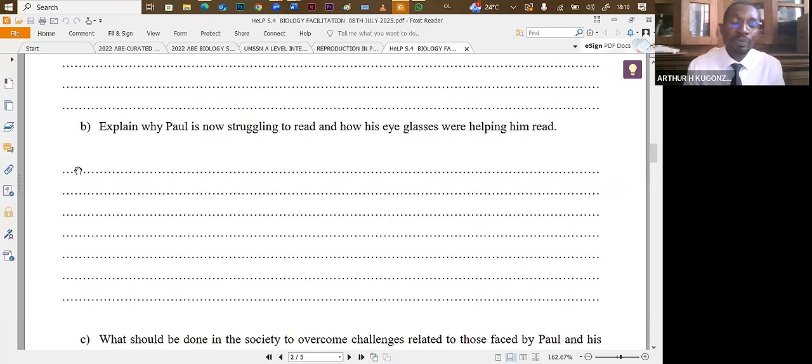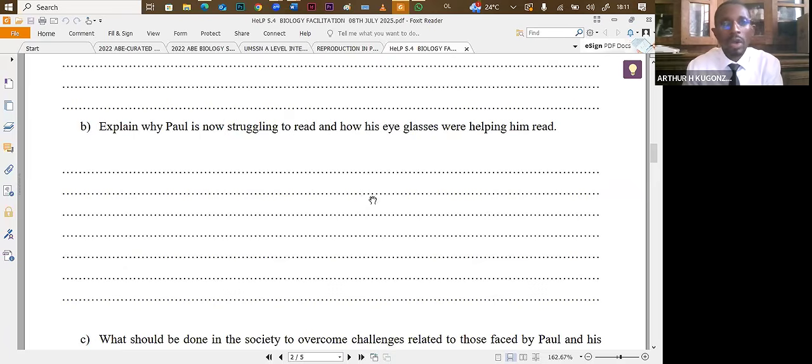This is because, with short-sightedness, the person can only see nearby things but cannot see distant objects. So I will say, because his eyeball is long or big, things cannot be focused on the retina.